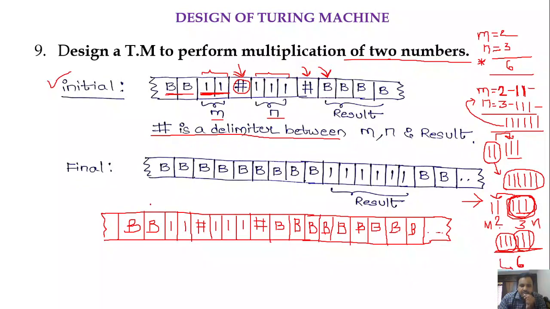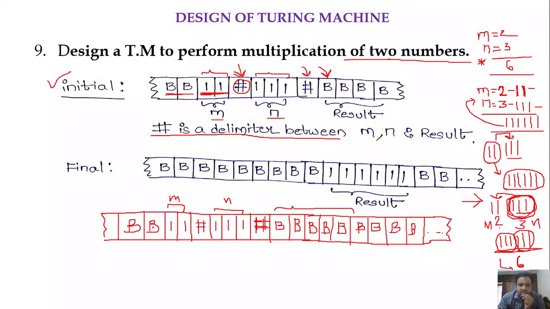So see here, two cells I have taken, it is the m value, then I am having a delimiter, then three ones representing the n value, then hash, and then we are having the blanks. The cells which are on the right side of the hash, containing blanks, will be used for storing the result.